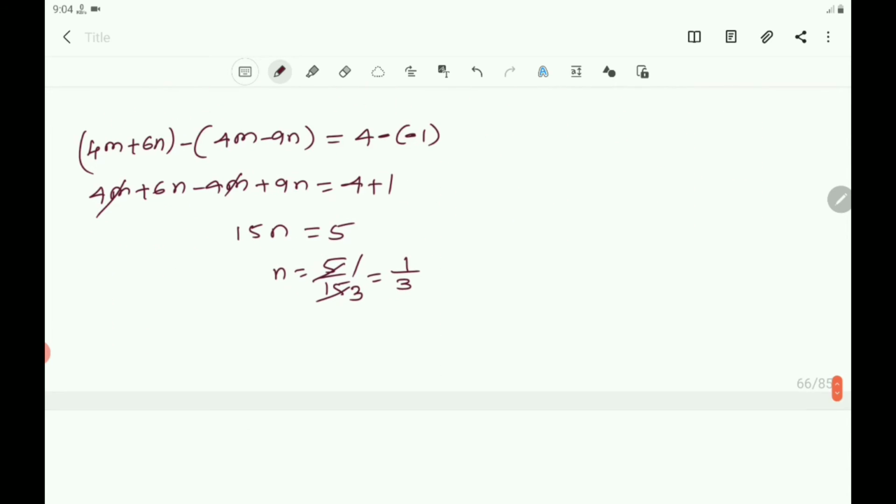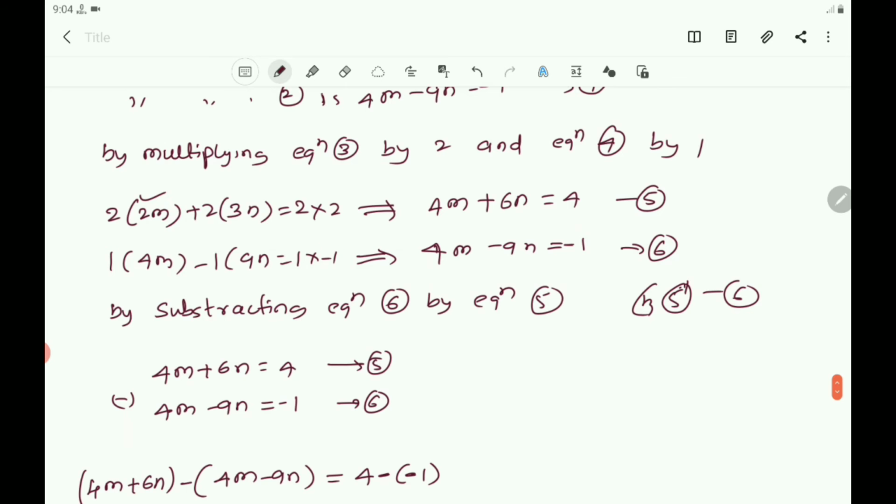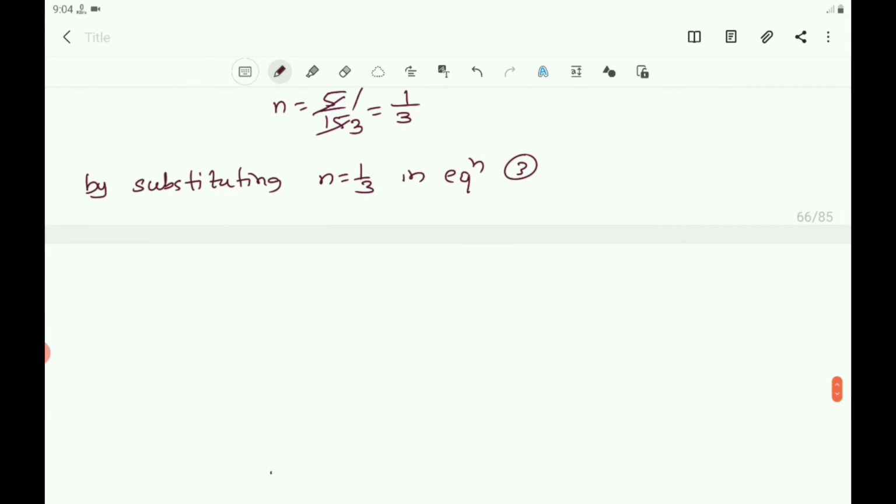You can take any one of the equations. So first, substitute n equals 1 by 3 in equation 3. What is equation 3? That is 2m plus 3n is equal to 2.